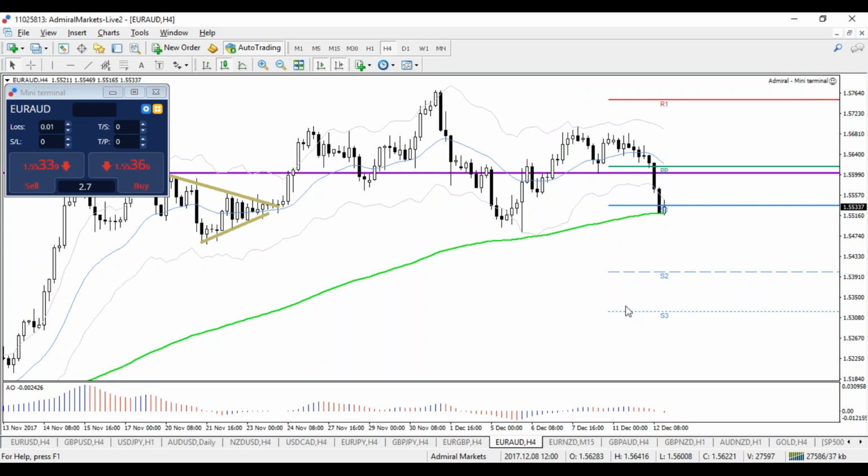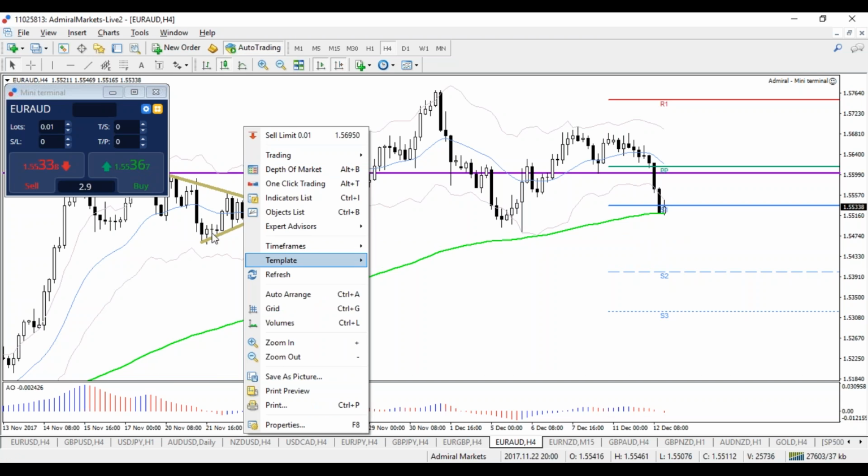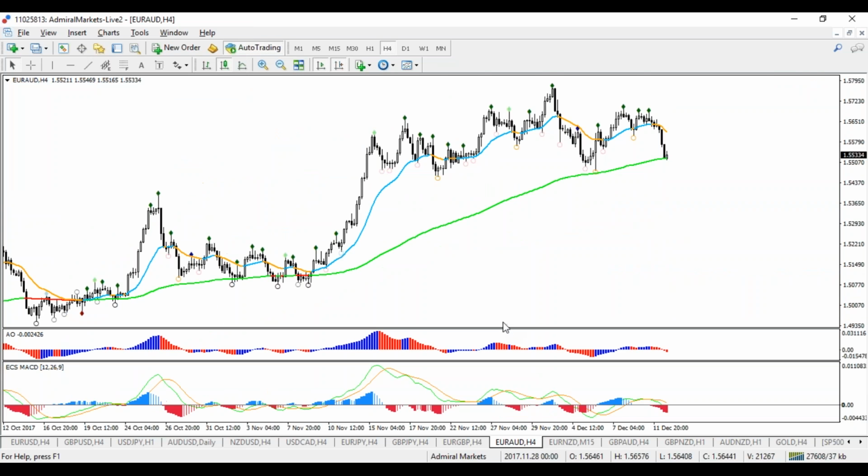I like that one. As a reversal, I'm not a big fan of reversal trades, but this one made sense to me. Now it's at the target or close to the target. I had a partial target here and a partial target lower at this bottom. Right here.